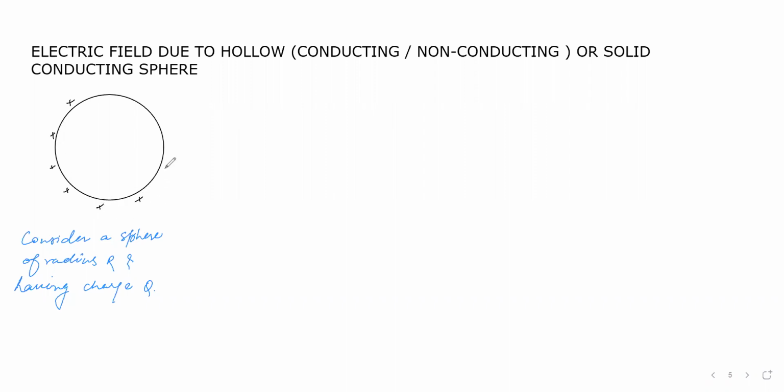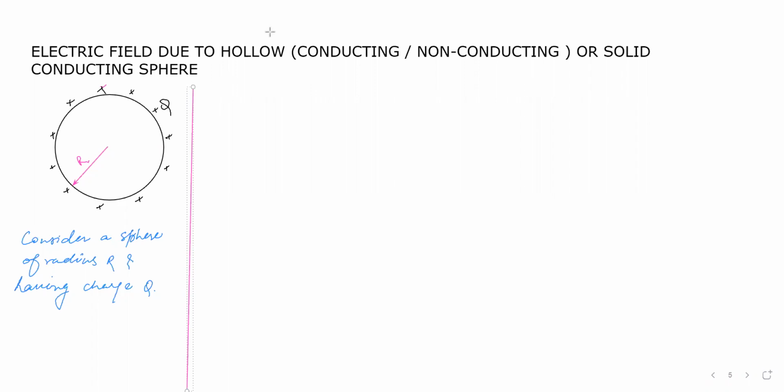Consider a sphere of radius r and having a charge of capital Q. This is your radius r. In this case, we will try to calculate the electric field at three different positions. The first position we are taking outside of the sphere at any point P. So mention it, please.